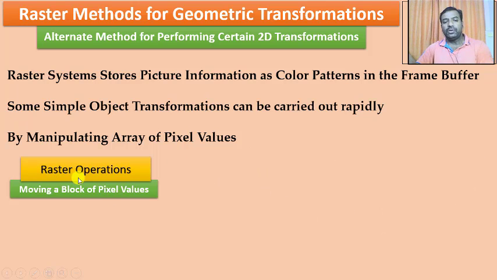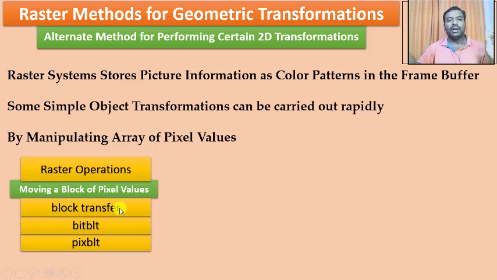When we do so, the block of pixels we work on to perform the geometric transformation is called a block transfer, or a bit block transfer, because every pixel is a bit of information. So now this bit will be a block.